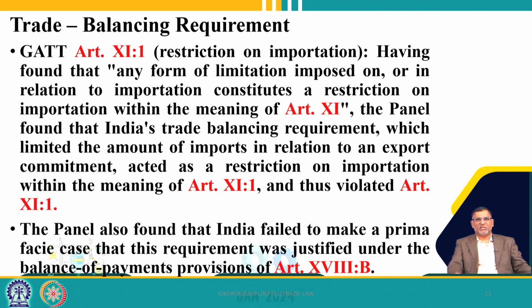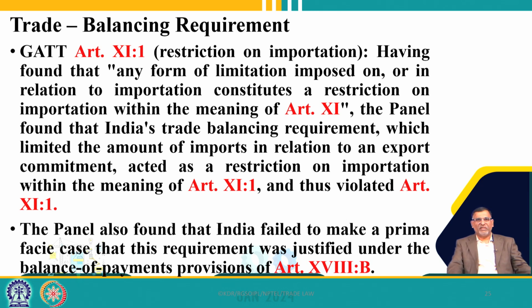Basically, every country feels that more foreign direct investment will flow outwards rather than inwards, so they were compelled to impose this particular restriction. Article 11(1) concerns restrictions on importation. If you put any kind of restrictions, that is the balancing requirement, it is in violation of article 11(1) of the GATT agreement.